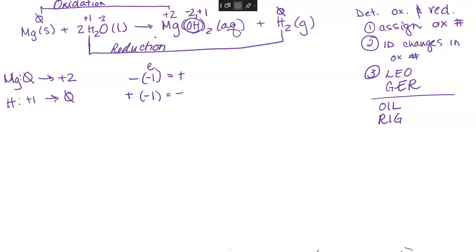Okay, what's confusing that we need to clarify before we move on? Is that the last step? Yeah. Yep. Are you going to go through how to do the half reactions? Yeah.